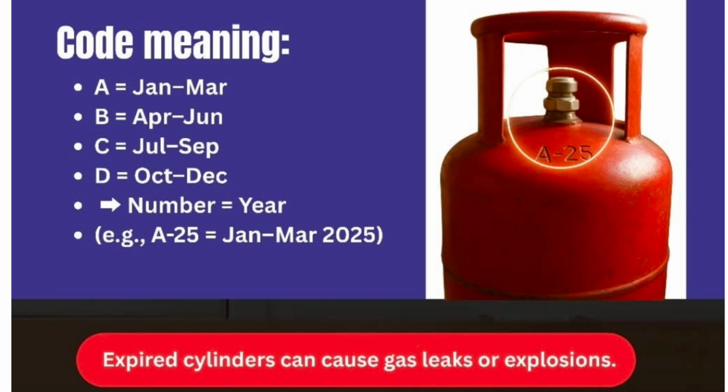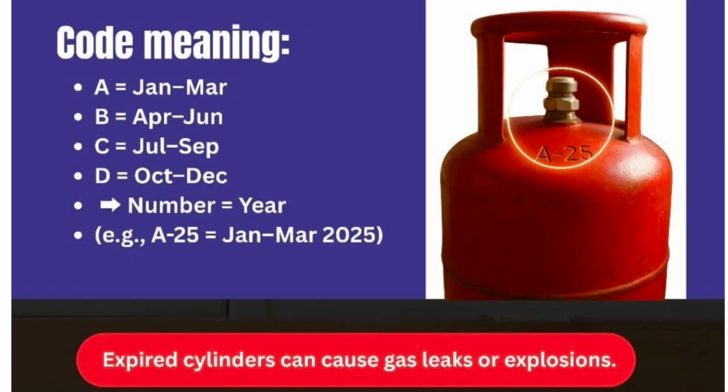That means when you find A20 on your cylinder, that cylinder was manufactured or last tested between January and March. If you find C on your cylinder, that cylinder was manufactured or last tested between July and September. Then the 25 or 20 represents the year.